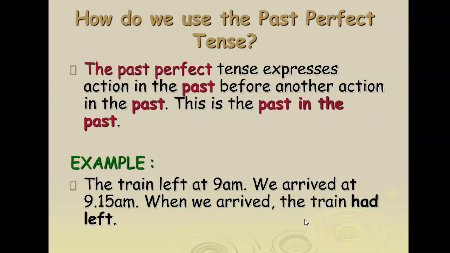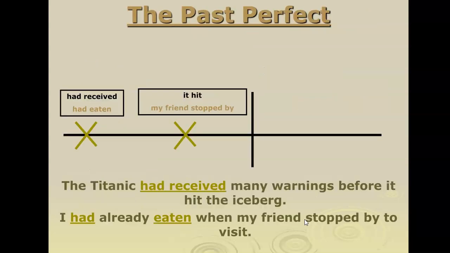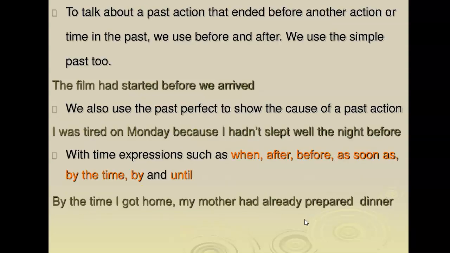For example, the train left at 9 a.m. We arrived at 9:15 a.m. When you arrived, the train had left. The Titanic had received many warnings before it hit the iceberg. I had already eaten when my friend stopped by to visit.